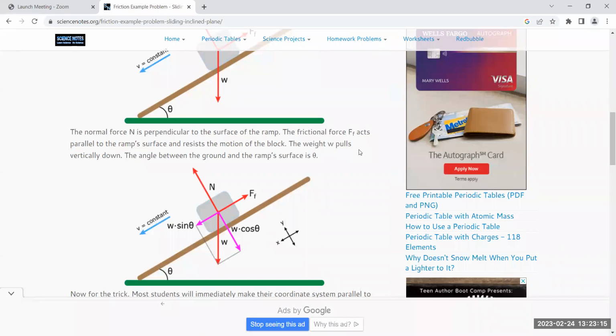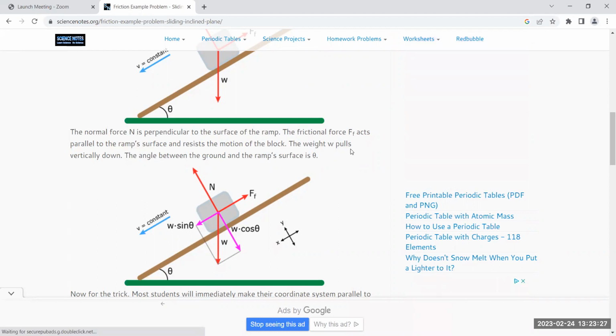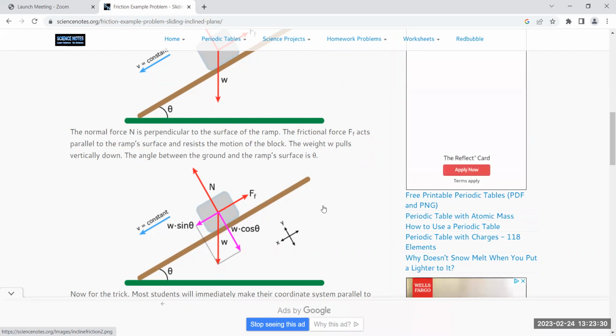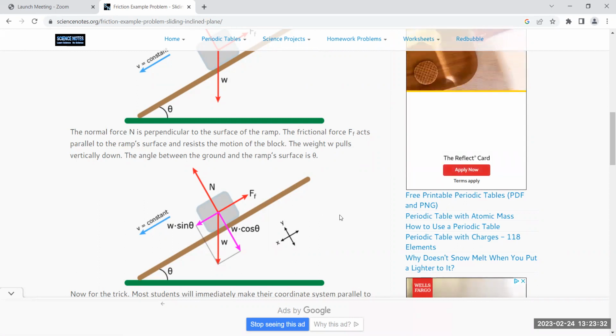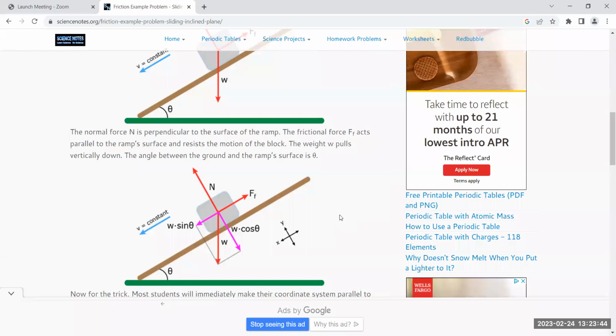The box is sliding down the hill. There is no motion in what we have chosen to be the Y direction. It's not bouncing up and down as it goes down the ramp. It's not a spring. It's not doing anything crazy like that. So there is no motion in the Y direction. If there is no motion in the Y direction, then there can be no force in the Y direction. So all the forces in the Y direction, our F sub Y, have got to be zero.